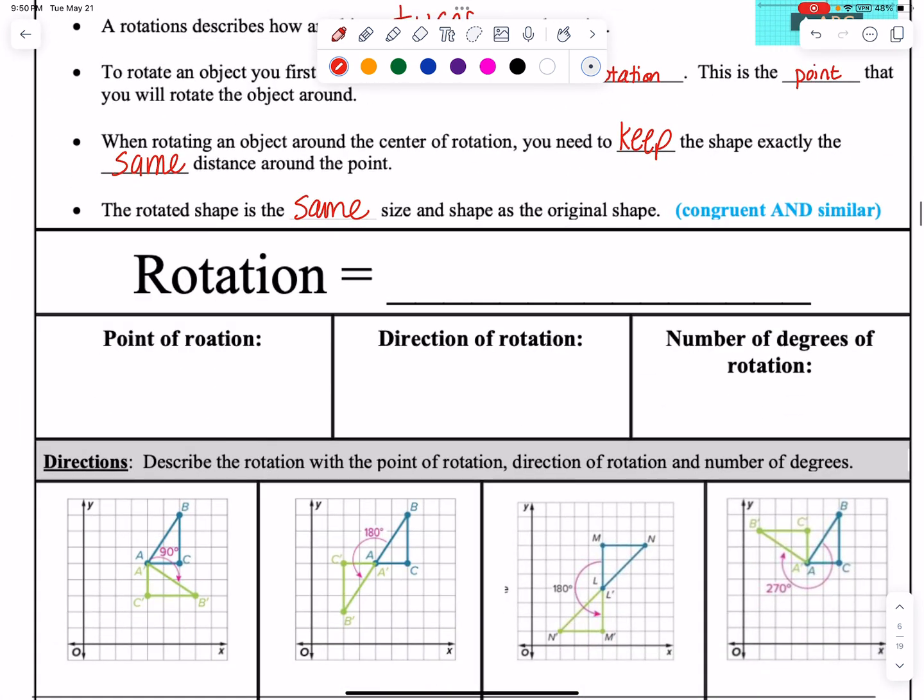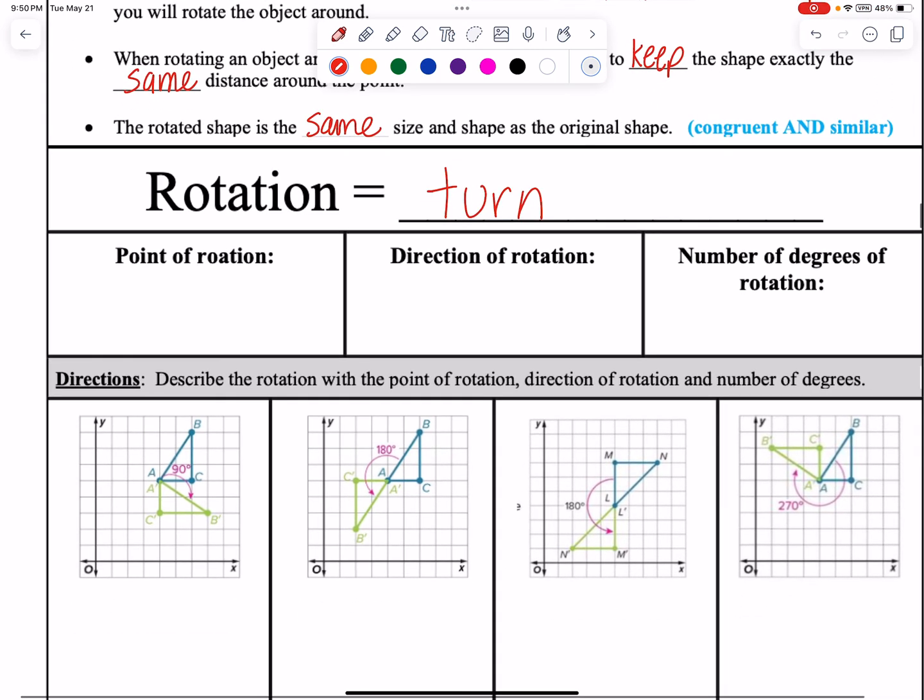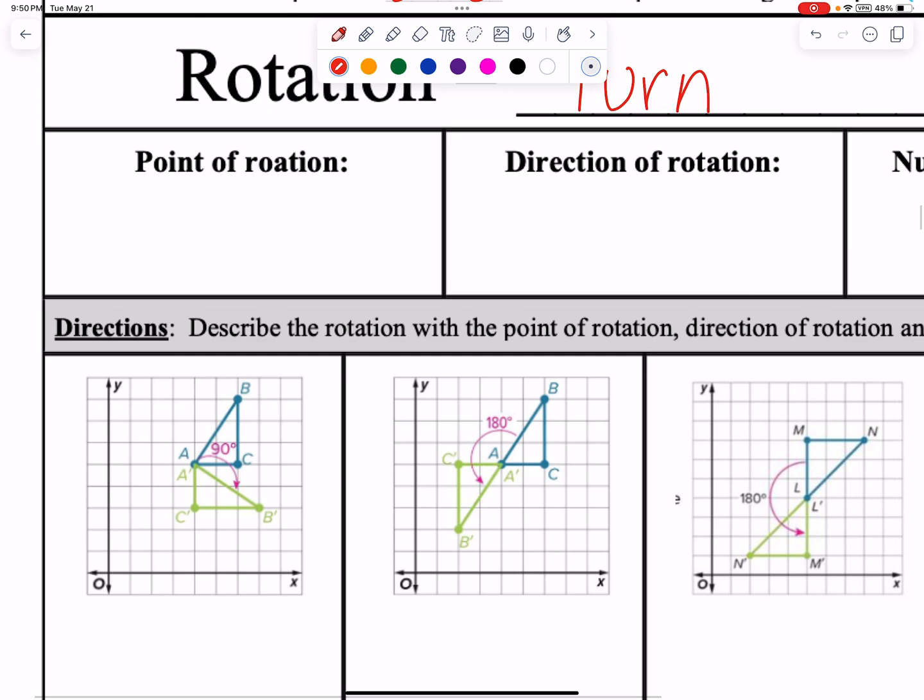All right, so rotation, we know that that just means to turn the object, or you could think about spinning it. First thing, let's talk about point of rotation.